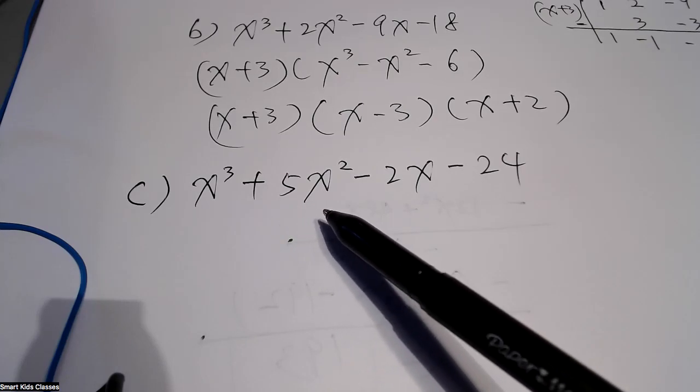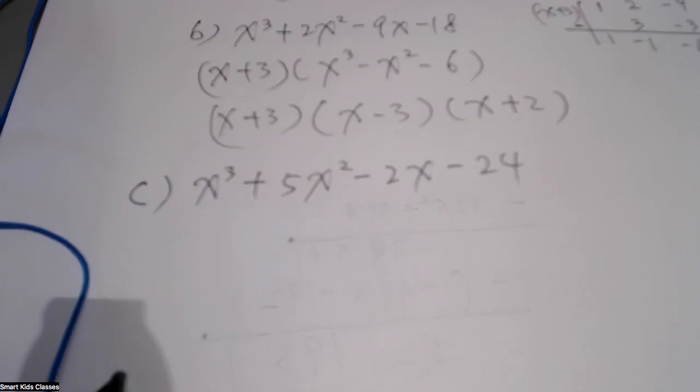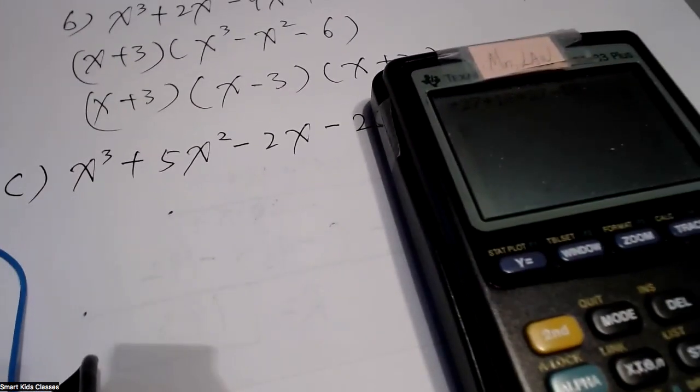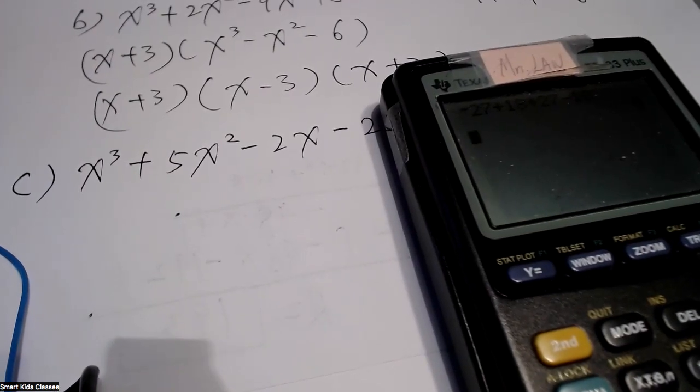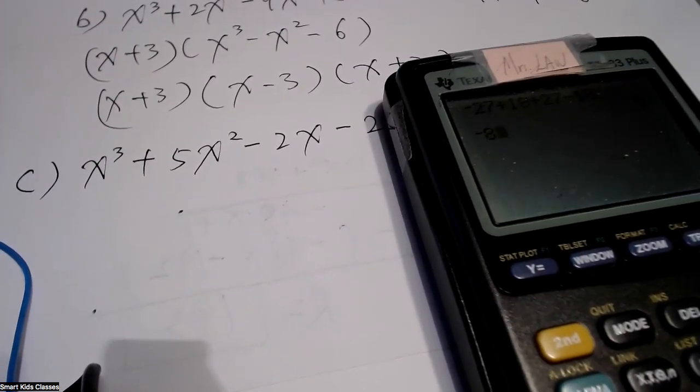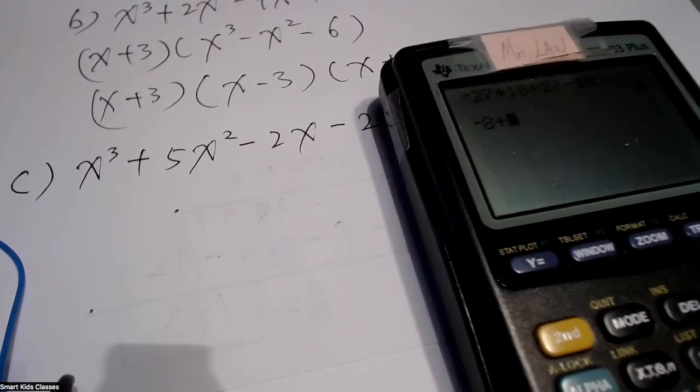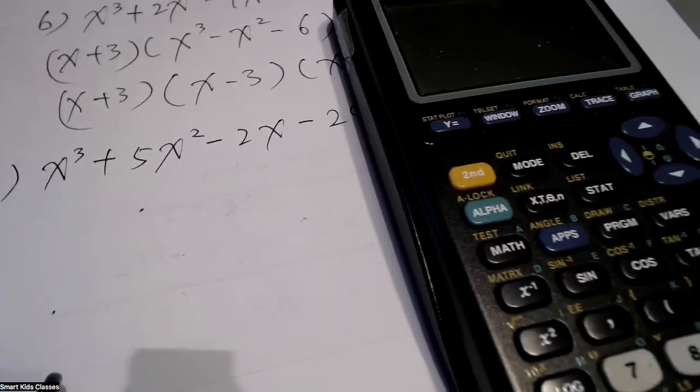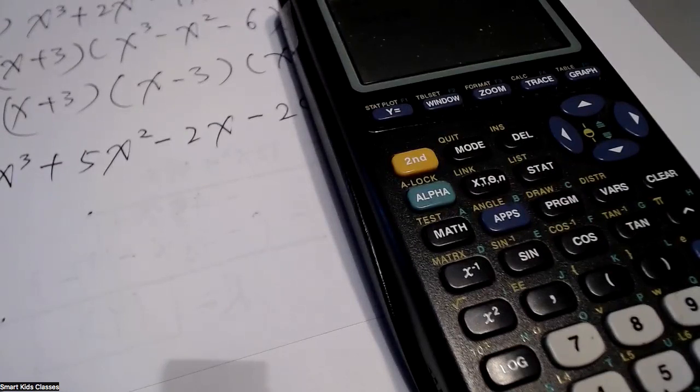So we're going to try a larger number. How about trying 2? So 2 might work. We're going to use the calculator. So if it's negative 2, we're going to have a negative A in front. The next one is going to be 5 times 4, which is 20. And negative 2 times 2 is negative 4.